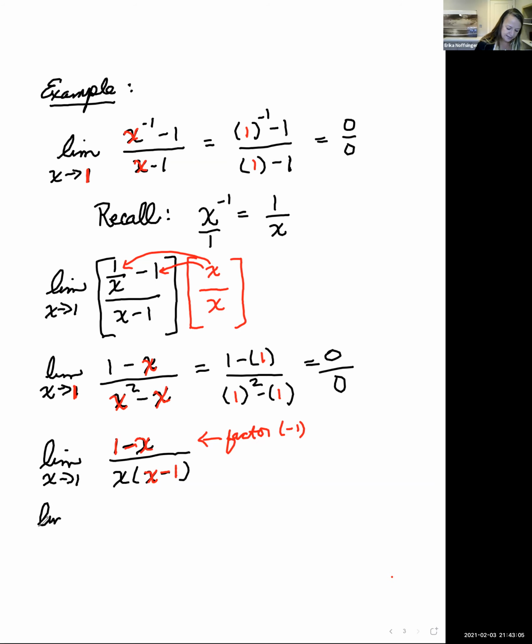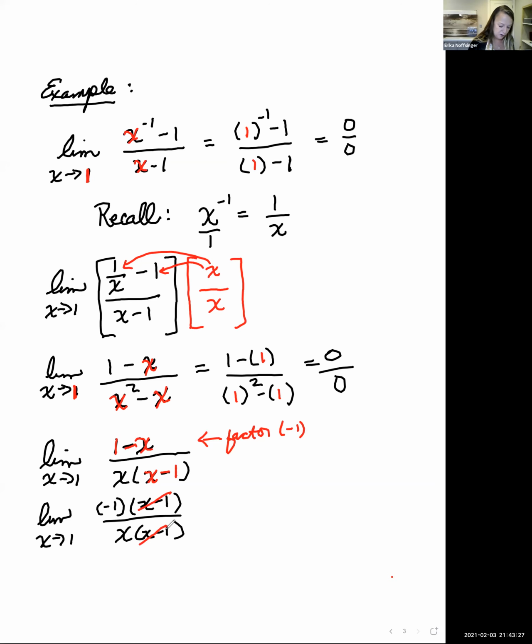So I have the limit as x is approaching 1, pulling out the negative 1. I'm going to rewrite it as the same thing. This is negative 1 times x minus 1, all over x times x minus 1. So now those factors cancel.